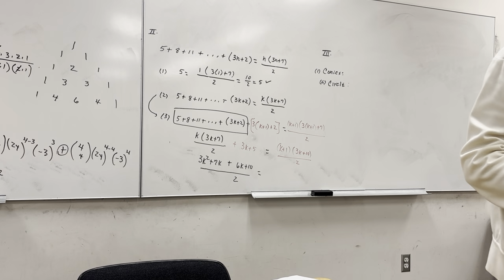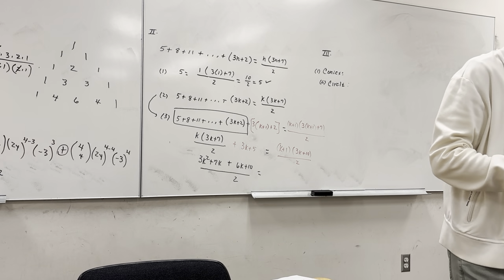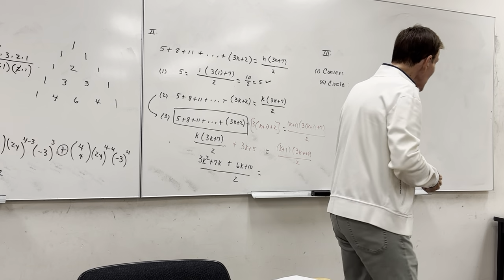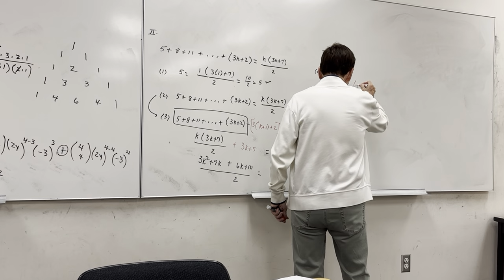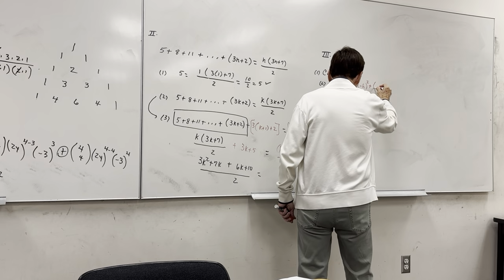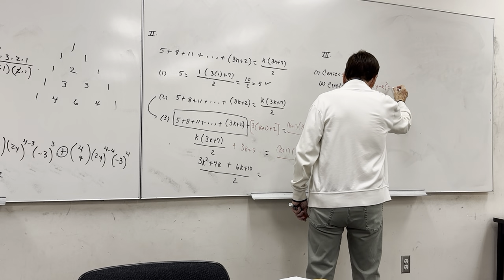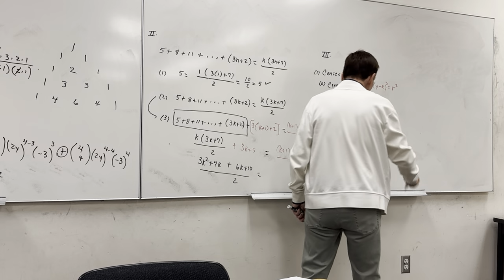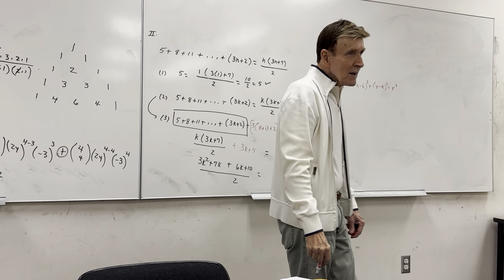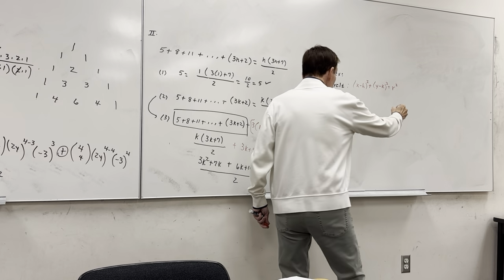X minus H, they call it in most textbooks. X subtract H squared plus Y subtract K squared equals R squared, where the H, K gives me the center, the coordinates of the center.